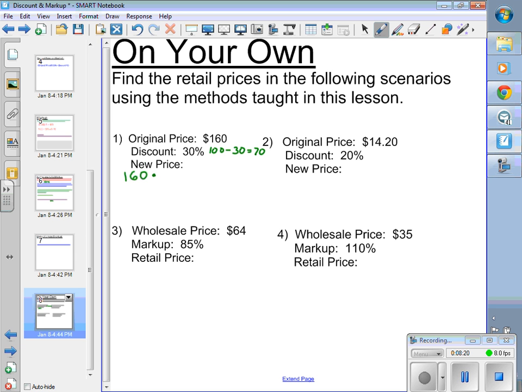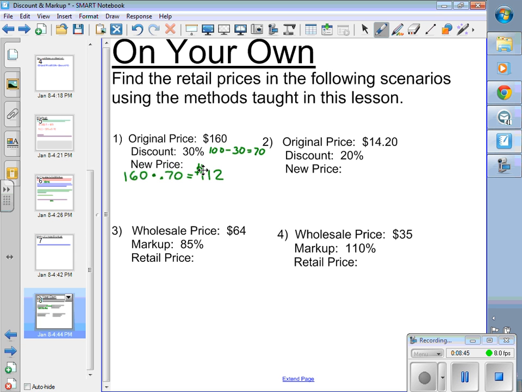So this is 160 times 70%, right? When you multiply 160 times 70% on your calculator, you should get $112 even. Okay? All right, next one.